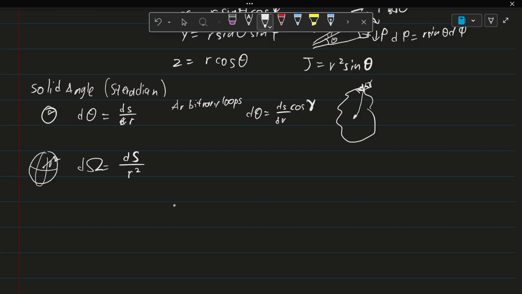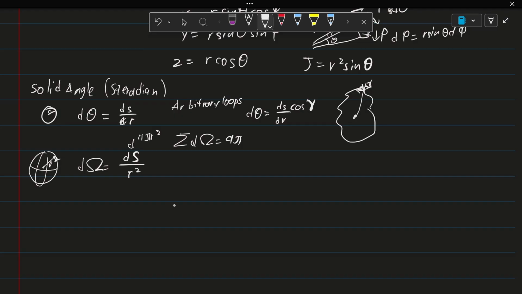If you do this integral for a sphere, you know the surface area is 4 pi r squared, which you could prove by figuring out the volume and finding the rate of change with respect to r. You would get the surface area, which is 4 pi r squared. So in total, the d omegas add up to 4 pi.